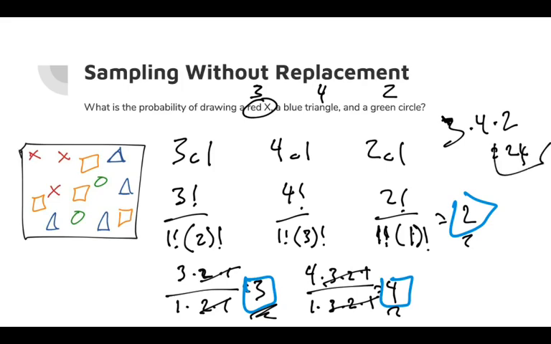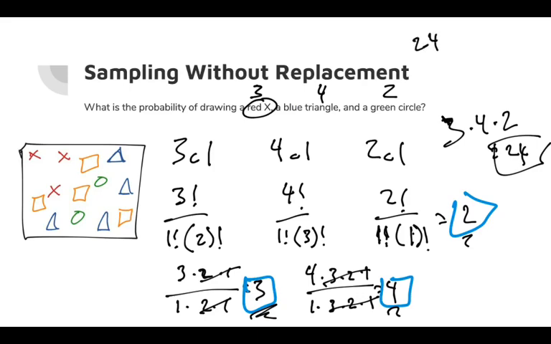So there are 24 combinations that work. Oh shoot, I erased the number that I had from before. 24 combinations that work. Hold up.